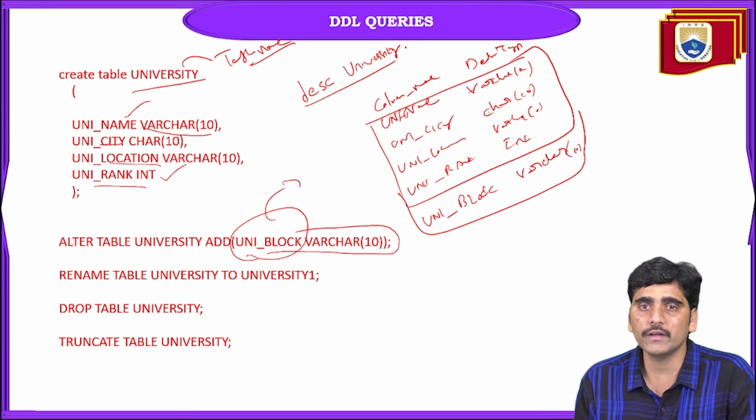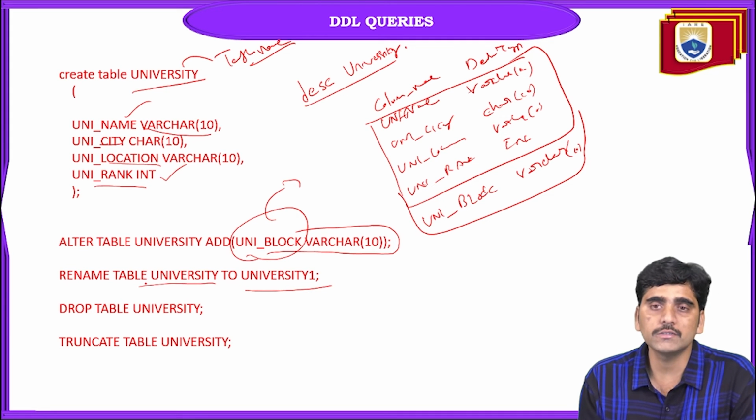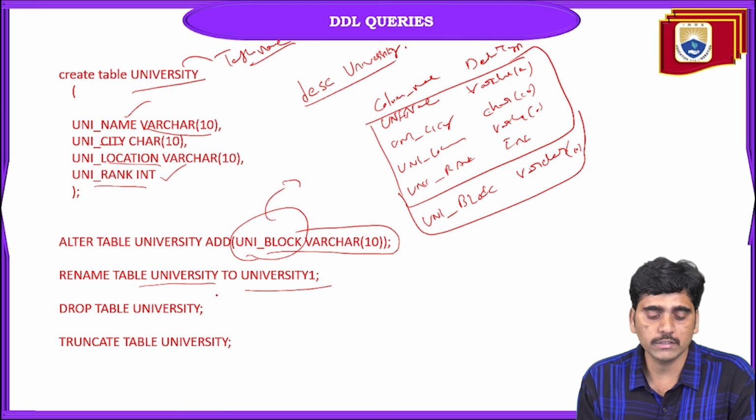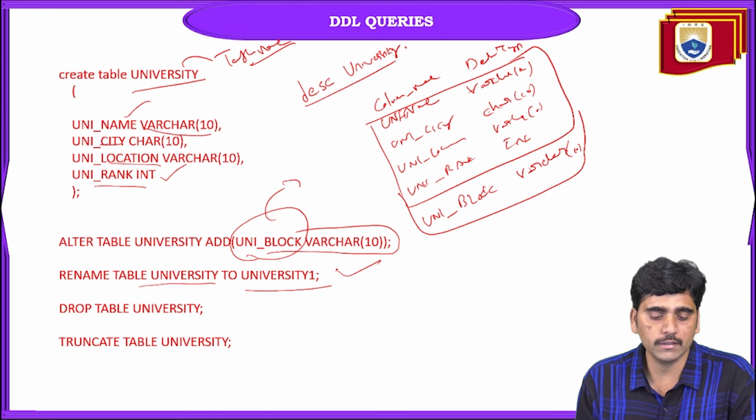So if you want to rename the table university to university 1, you can use rename table university to university 1, right? This is the way to rename the table.